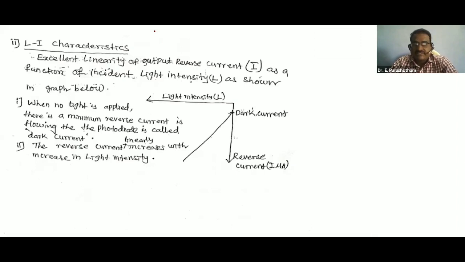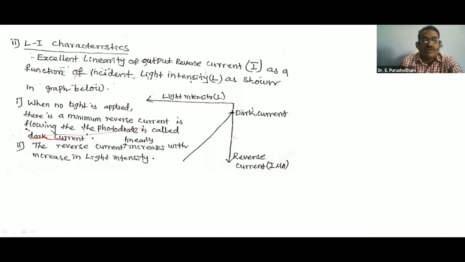So LI characteristics. Take light intensity L on the x-axis and reverse current on the y-axis. The graph shows the variation between light intensity and reverse current. From the graph, we can observe that when no light is applied, there is a minimum reverse current flowing through the diode.